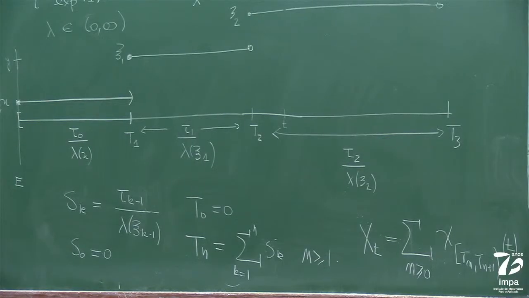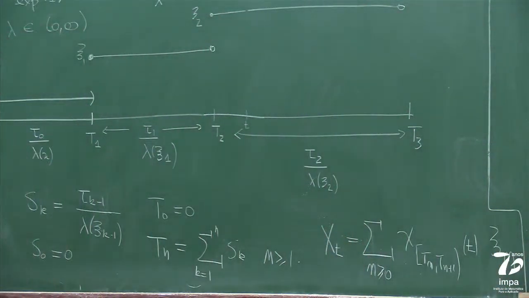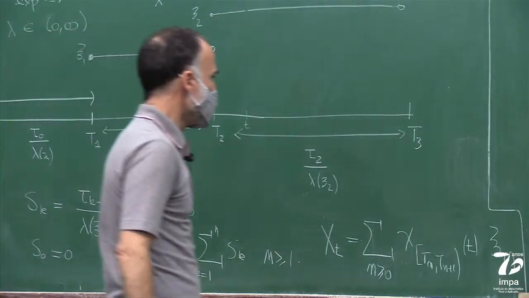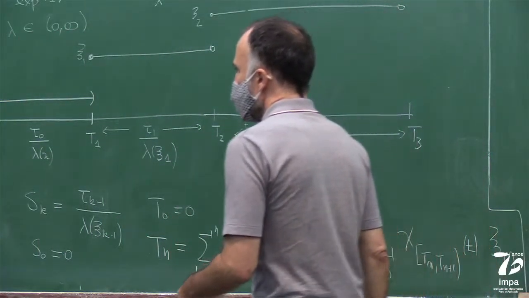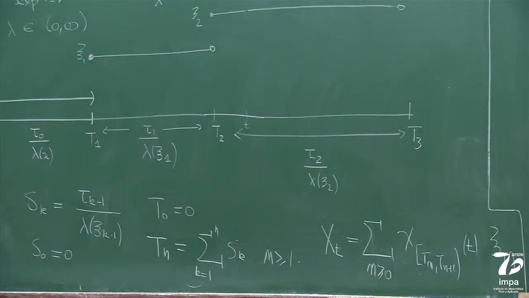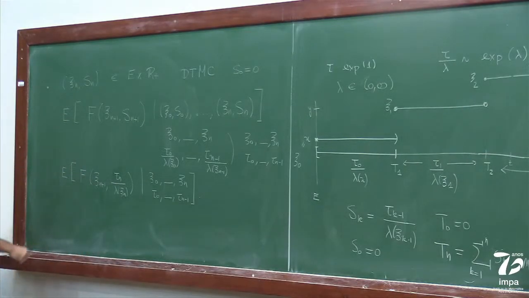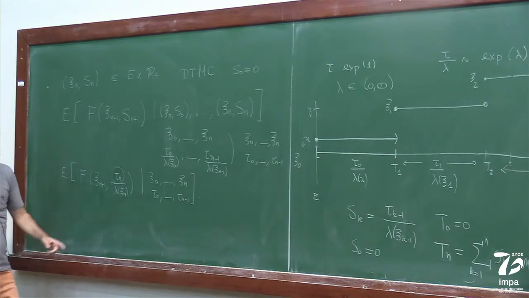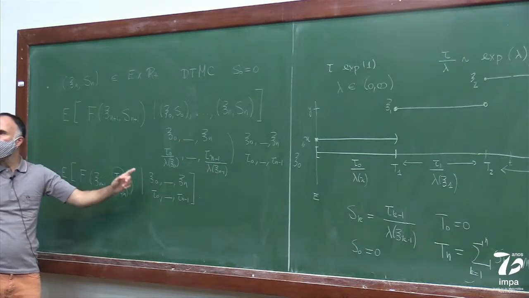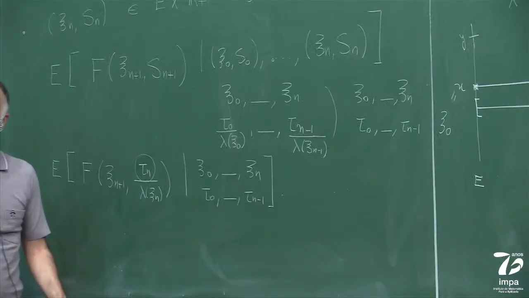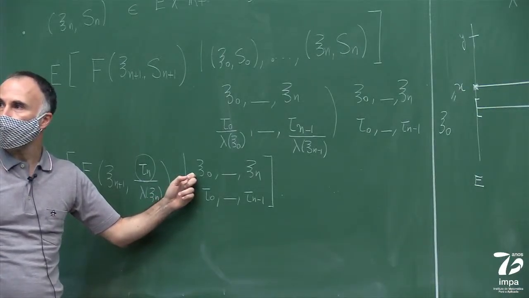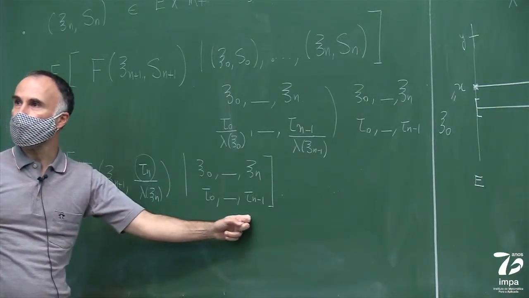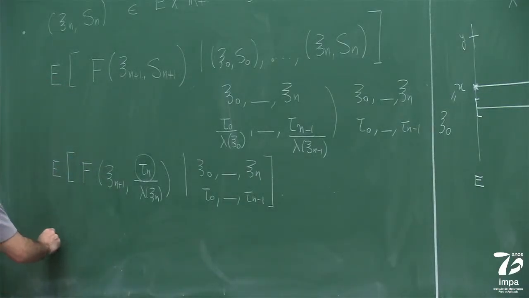Okay, so let's continue here. Now I have to use the assumptions. I know that tau n is independent from everything here. Tau n is an exponential, independent from the Markov chain, so independent from all xi's, and independent from tau 0 up to tau n minus 1. The conditional expectation coincides with the expectation when I have independent variables.